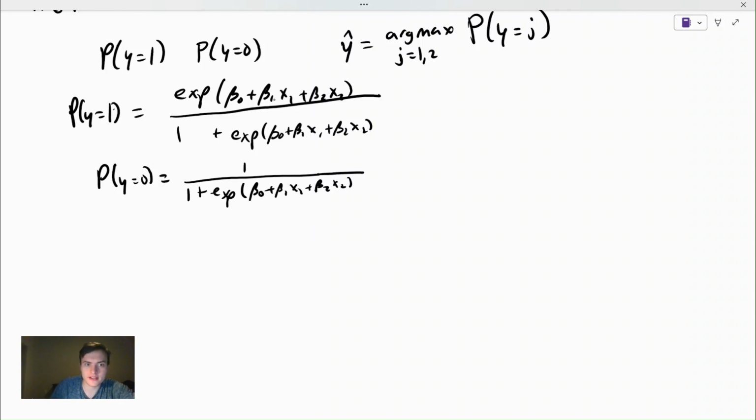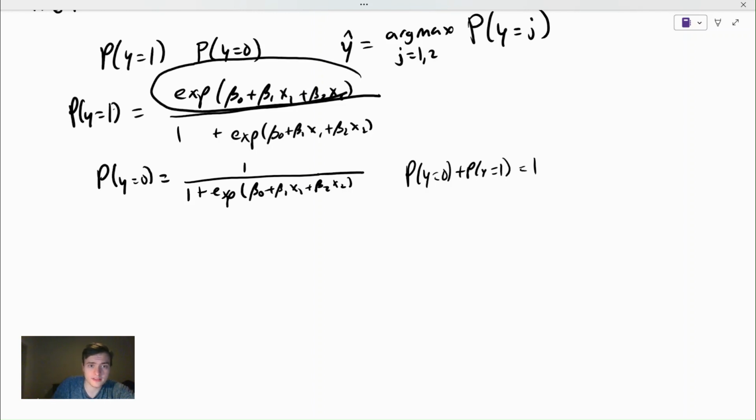And so both of these probabilities have to add up to 1. We can see that in this model, it's guaranteed to do that, because when we add the two fractions, our numerator is the same as the denominator.